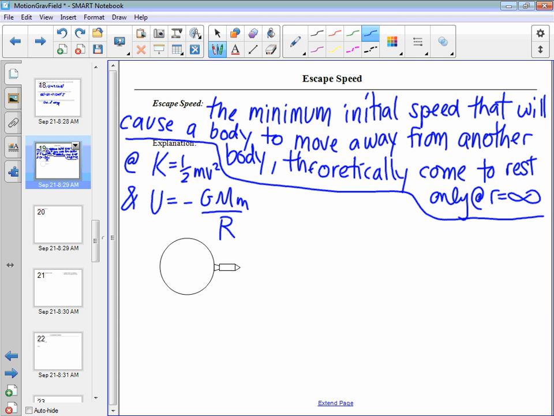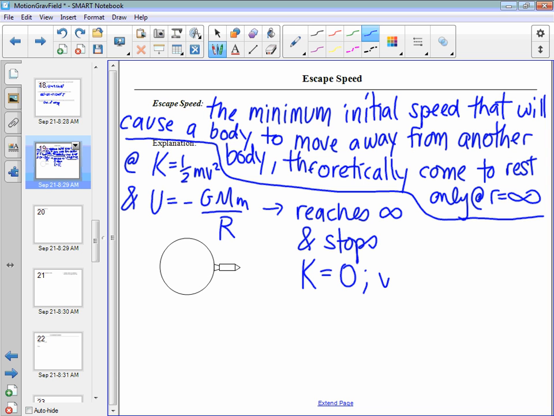Right? When it reaches infinity, and it stops, its kinetic energy is equal to 0, because speed at infinity is equal to 0. That's what we define as the escape speed. And u at infinity we also know is equal to 0.